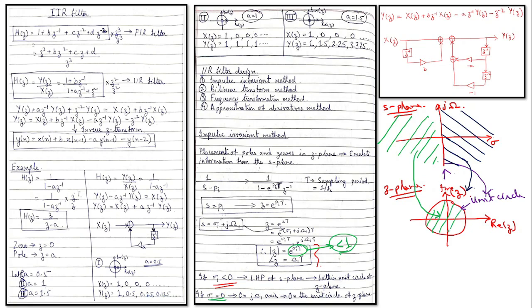So all the poles would be mapped into the unit circle if all the poles of the analog filter are present on the left hand side of the plane, right?